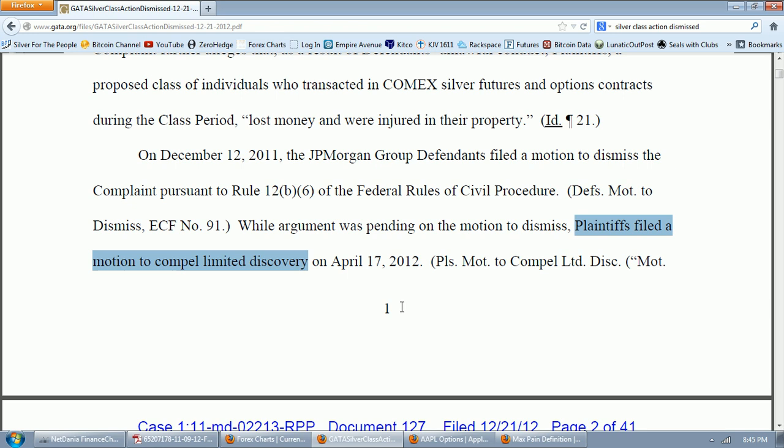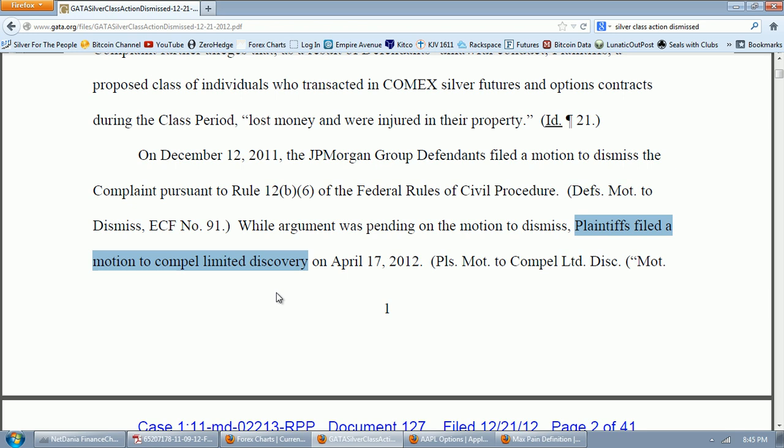2012. Now, this is very important because this motion to compel limited discovery, first of all, you need to understand what discovery is. In a lawsuit, both sides are allowed to discover information that the other side has.